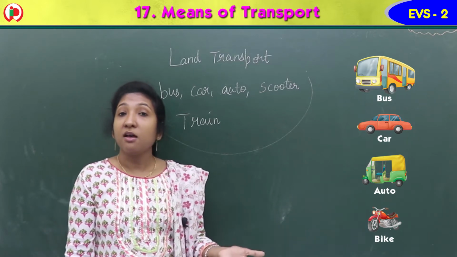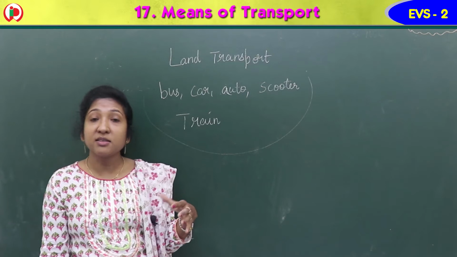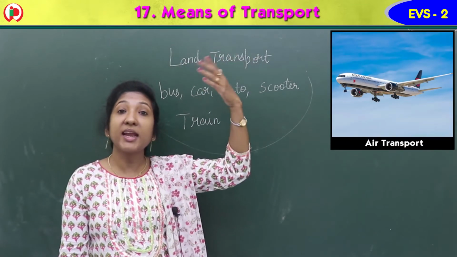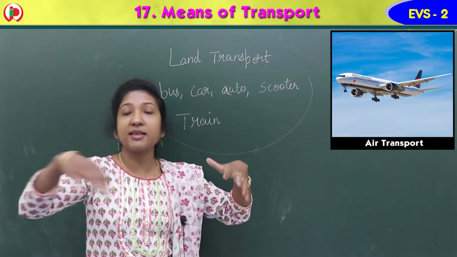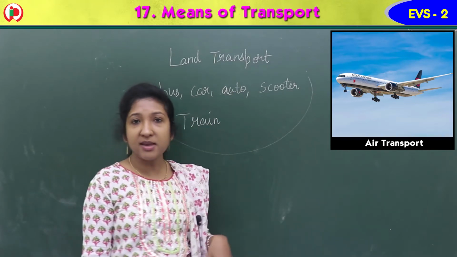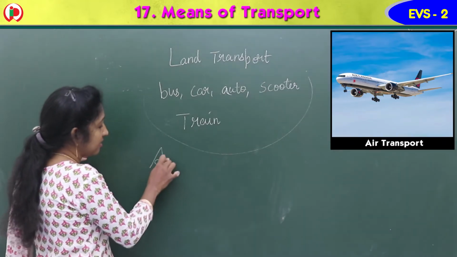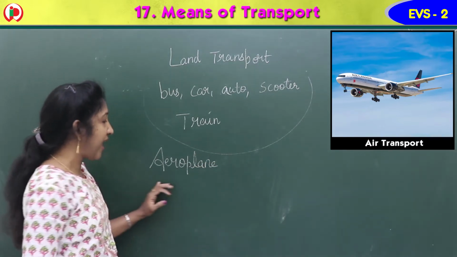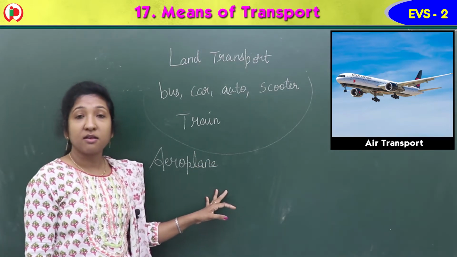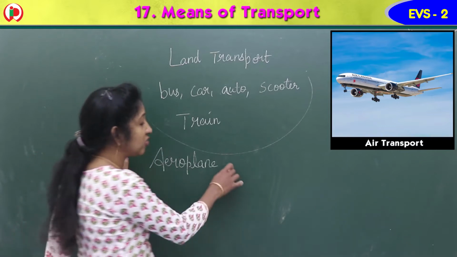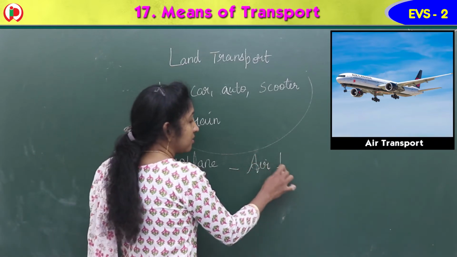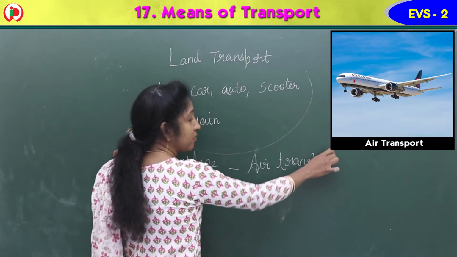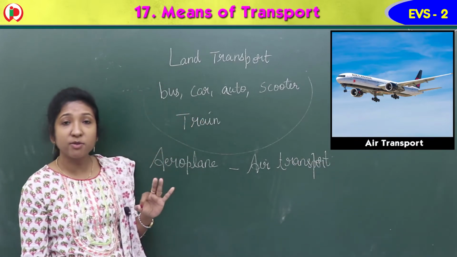Yes. Then we have some vehicles that travel in air to go abroad, outside India, or within India itself. We can travel in an aeroplane, isn't it? Yes. The transport in air, or the vehicle that travels in air, is the aeroplane. So it is called air transport. So three types of transport.